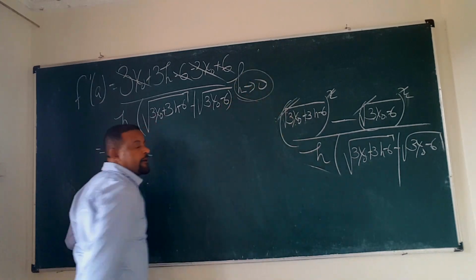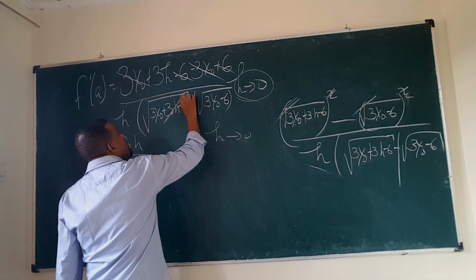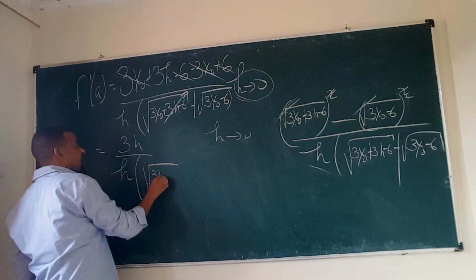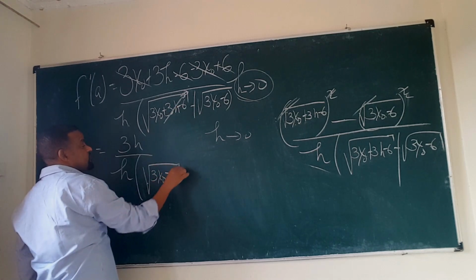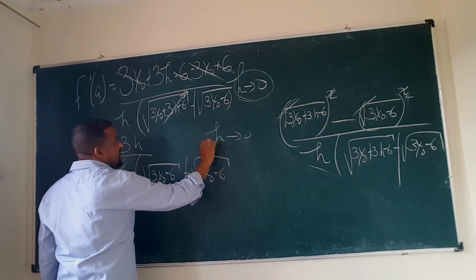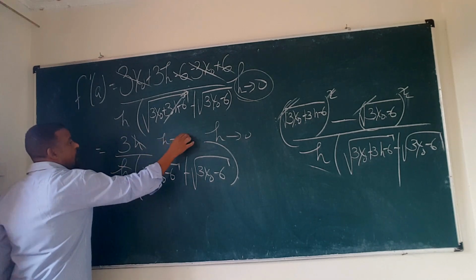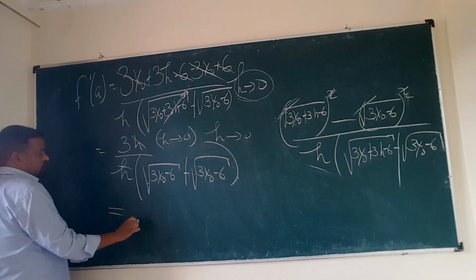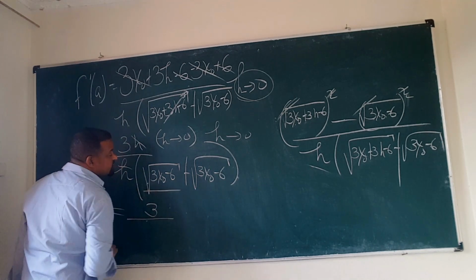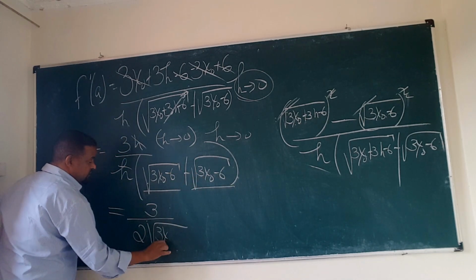Now here, as the value of h goes to 0, the value of 3h goes to 0. So inside the radical we get radical of 3x naught minus 6, plus radical of 3x naught minus 6. h by h cancels because h is approaching 0, not exactly 0, so that will be 3 over radical of 3x naught minus 6 plus radical of 3x naught minus 6, which is 2 times radical of 3x naught minus 6.